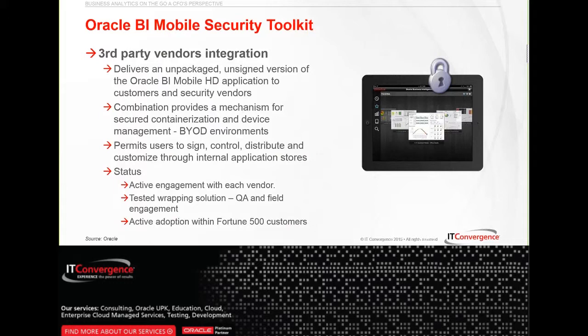Oracle BI Mobile has a security toolkit. It delivers an unpackaged and unsigned version of the Oracle BI HD application, so that it could be really customized, and all the security that you have based for your organizations could be really implemented.